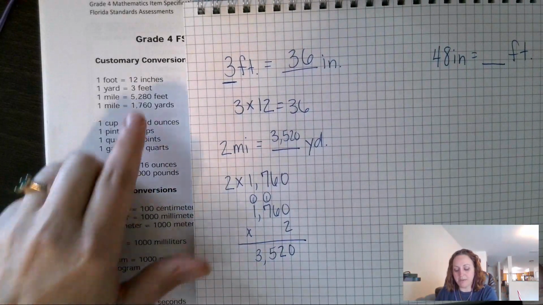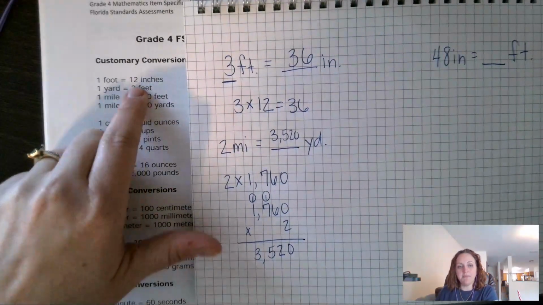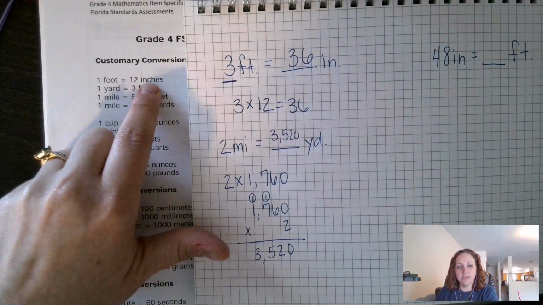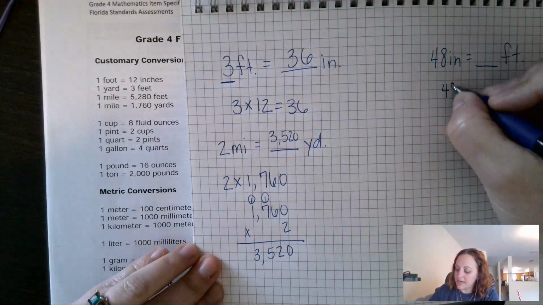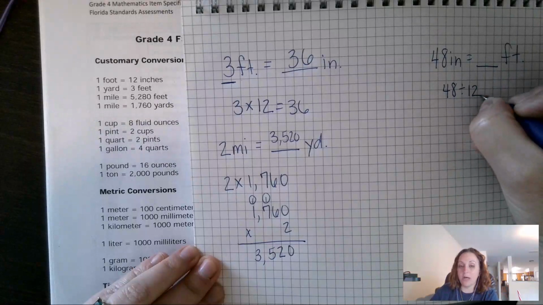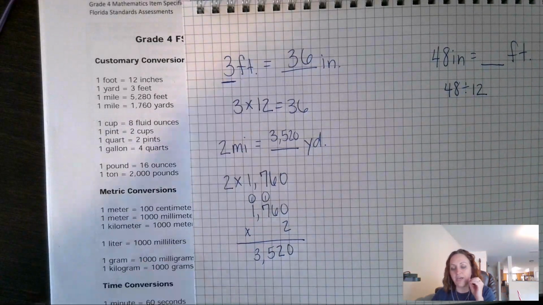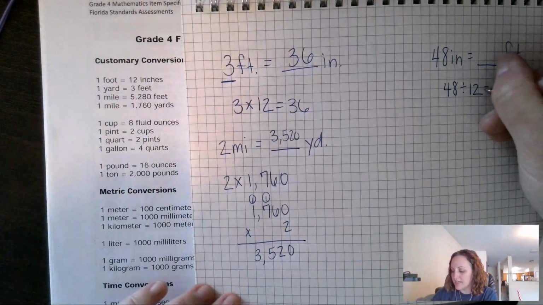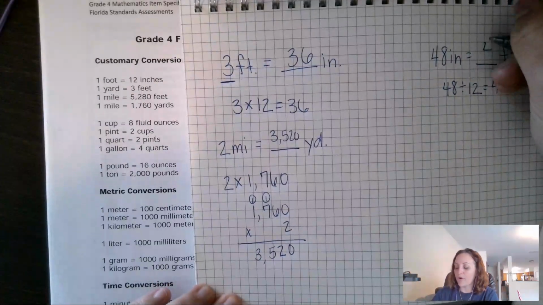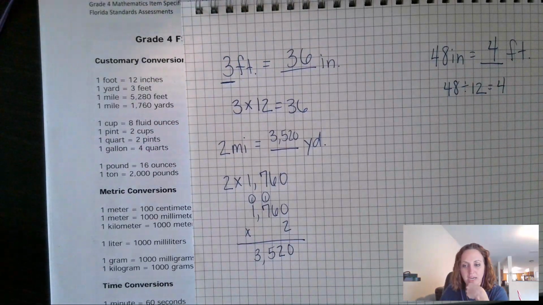I'm going to look back at my measurement conversion chart, but this time because I'm going from smaller to bigger, I'm going to divide. So I'm going to take 48 and divide that by 12. 48 divided by 12. Well, I know 12, 24, 36, 48. 12 times 4 is 48. So that would equal 4 feet. It's the same thing as 48 inches.